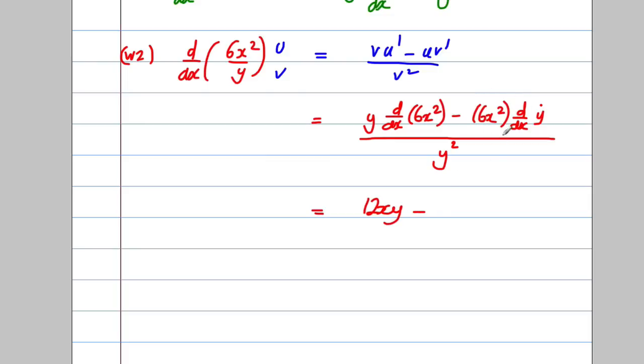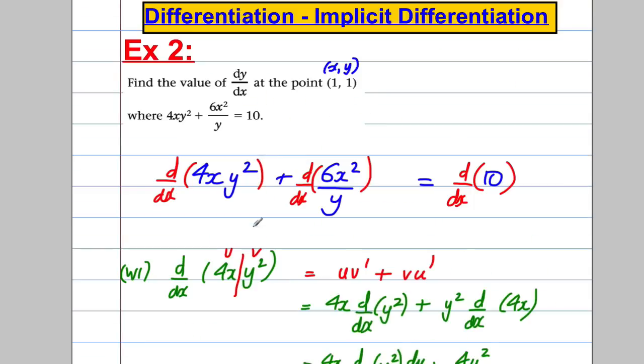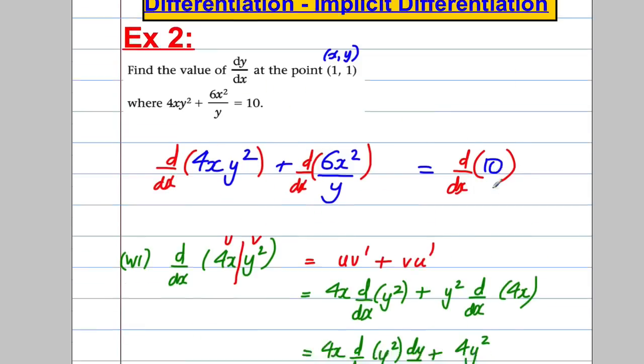This here stays as 6x squared, but d by dx of y is just dy by dx. So we get subtract 6x squared dy by dx, all divided by y squared. So this was the second component, d by dx of 6x squared over y. So now we're ready to write this down, and write equals 0 down.